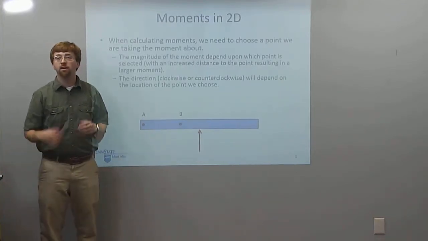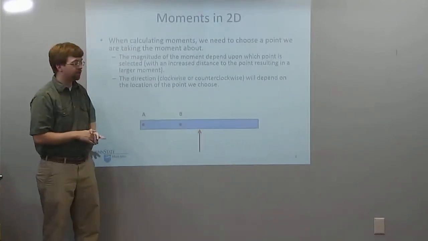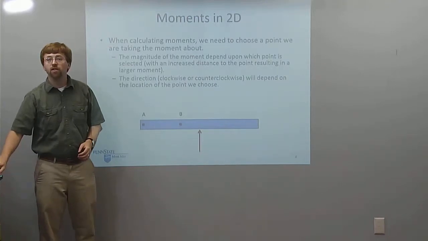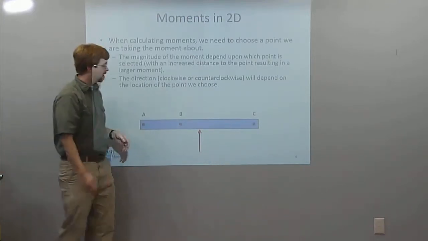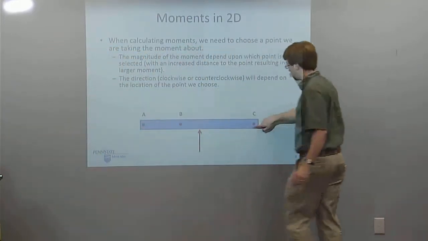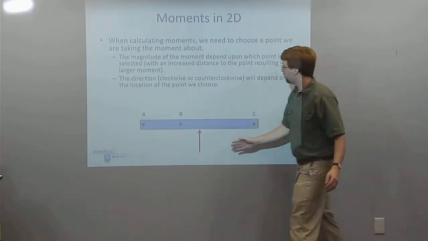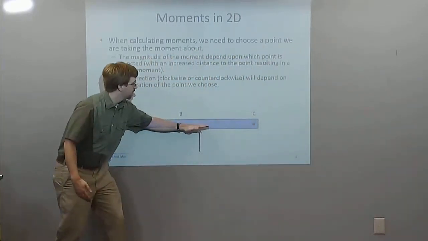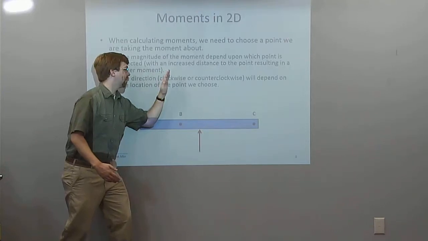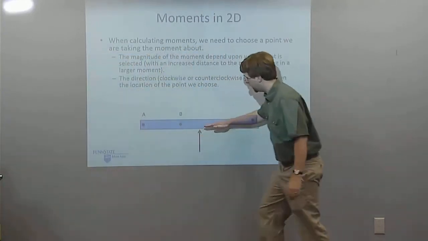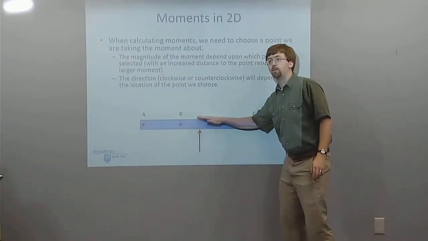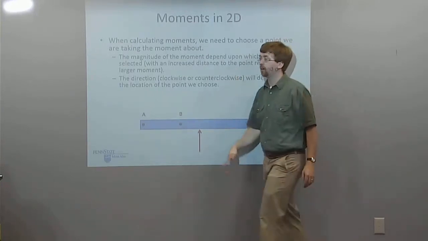Also, if I choose a point, I can change the direction of the moment. If I moved the hinge of the door over to the other side, at C, rather than the door opening counterclockwise, my door is going to open clockwise instead.